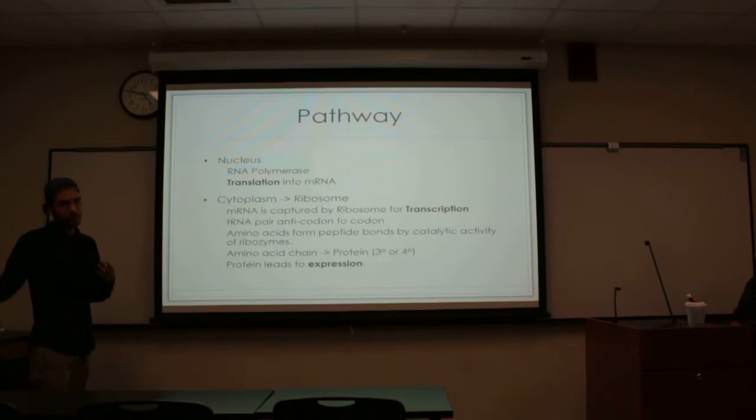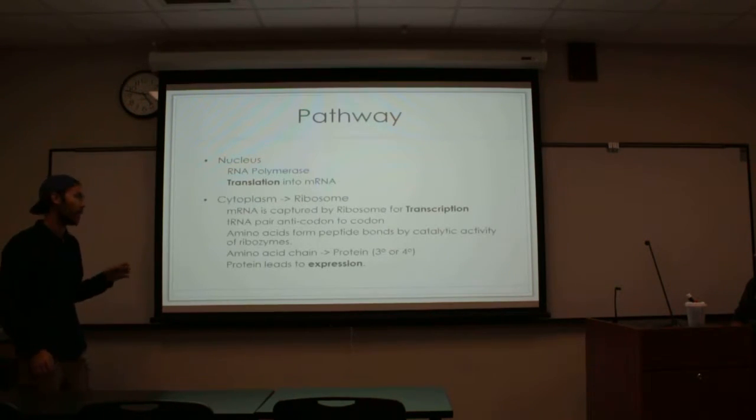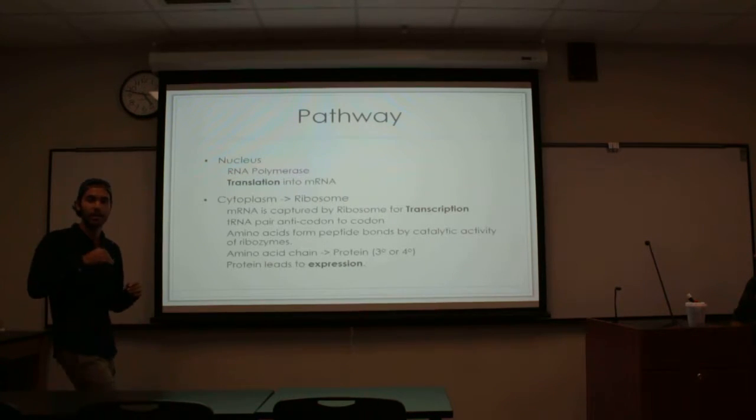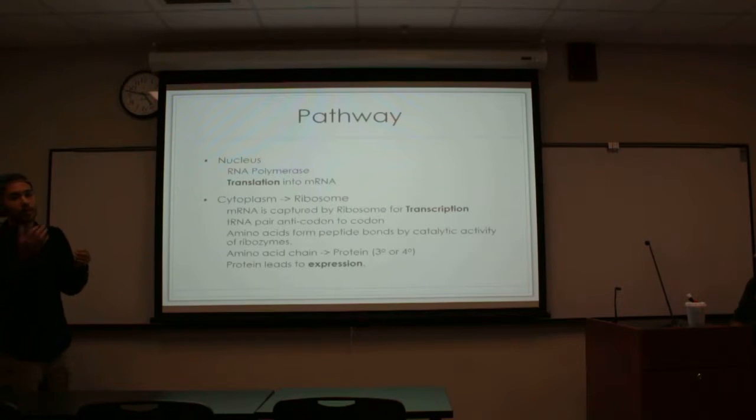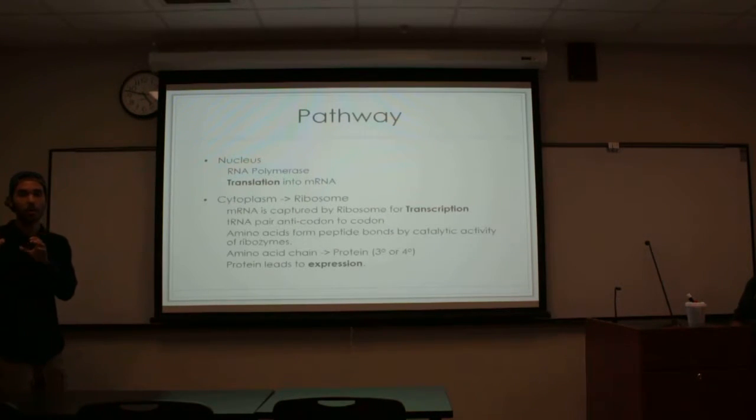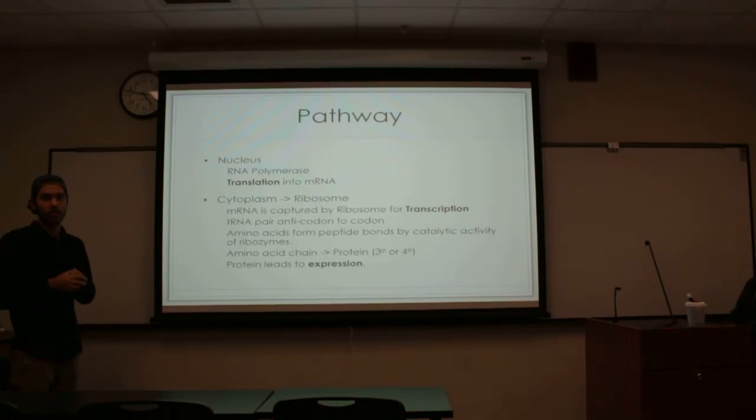Once that's there, multiple tRNAs that have their amino acids on them will come down into the A site. Peptide bonds will form between the amino acids, and the ribosome will move down the mRNA template with different tRNAs that have the anticodons to those codons coming in, binding the amino acids together to form that amino acid chain.